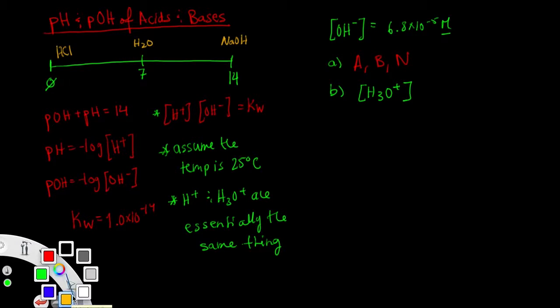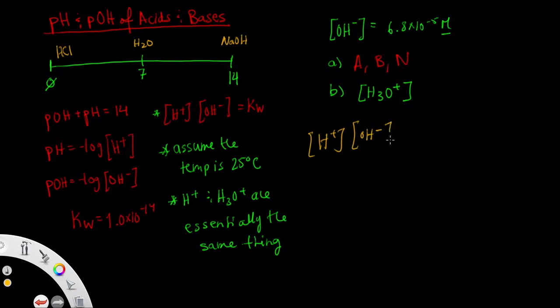So if we use that equation, H plus concentration times the concentration of OH minus equals the equilibrium constant of water, we can see that we're trying to find our concentration of H plus, and we have our concentration of OH minus, which is 6.8 times 10 to the power of negative 5.